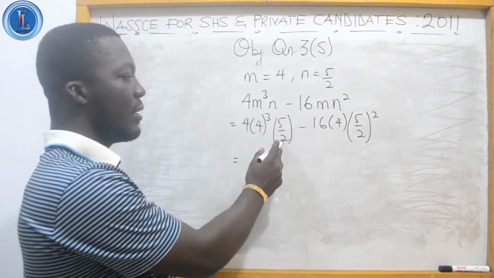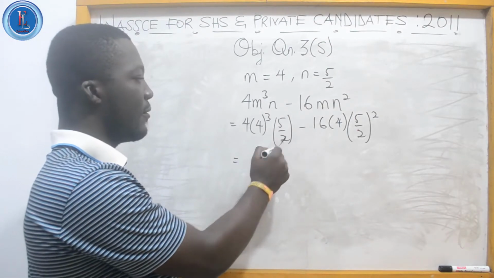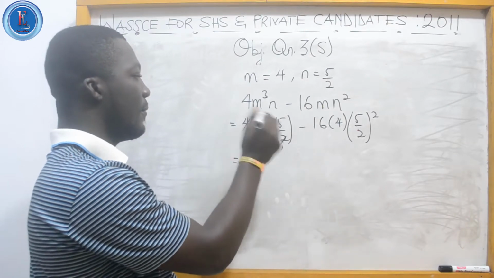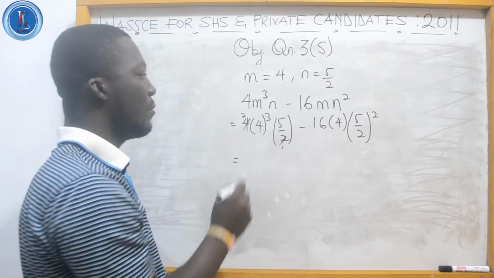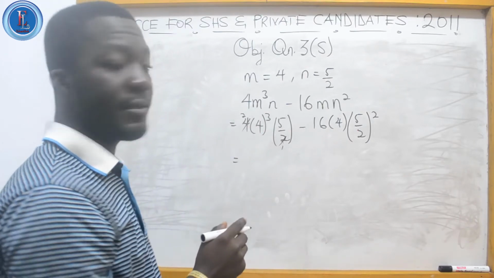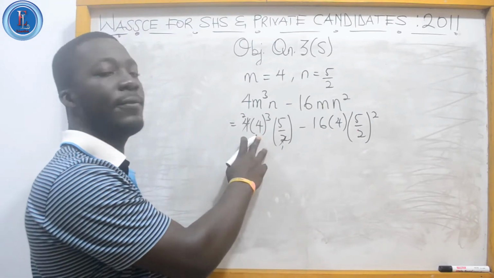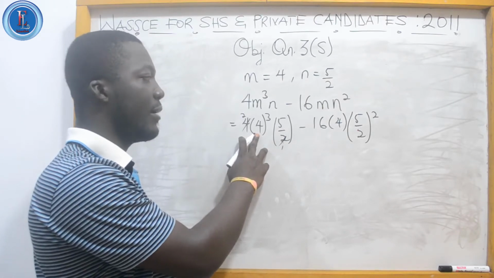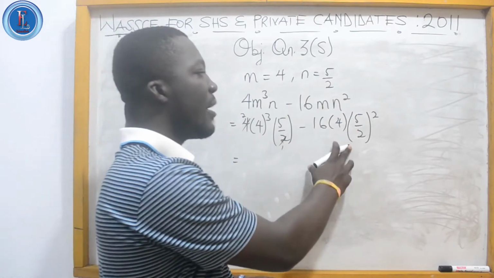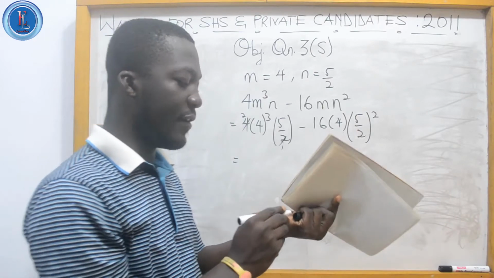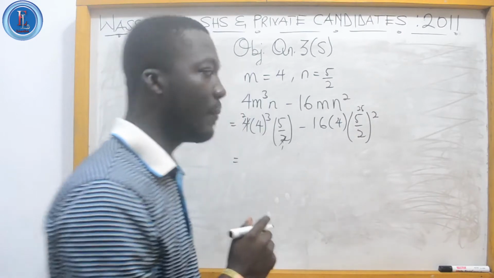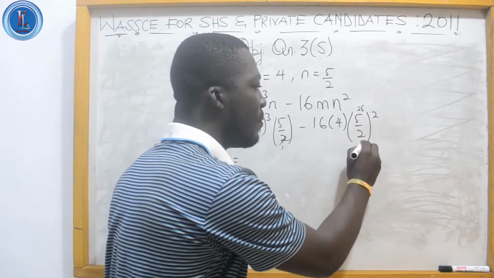These two can cancel itself once and go into the numerator for 2. Please, these two cannot cancel this 4 because this 4 is raised to the power 3. Alright, now when you come here, we look at the square first. 5 square will give you 25. 2 square will give me 4 here.